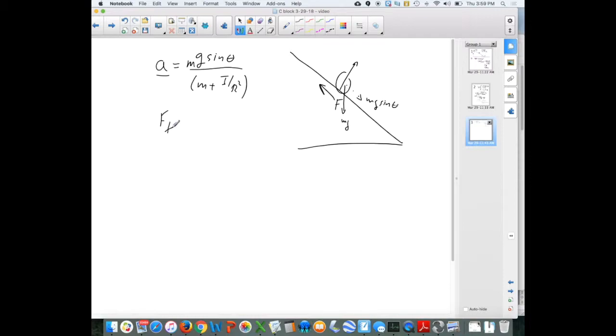So the force of friction is given by mu Fn, which looks like mu mg cosine theta.